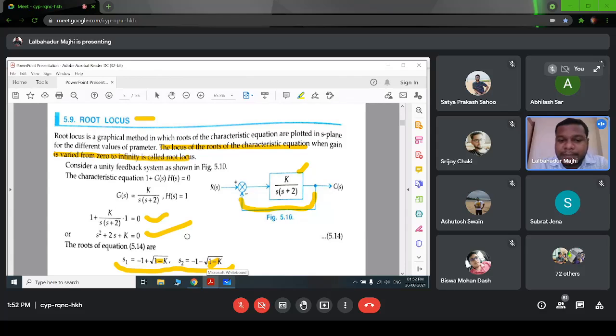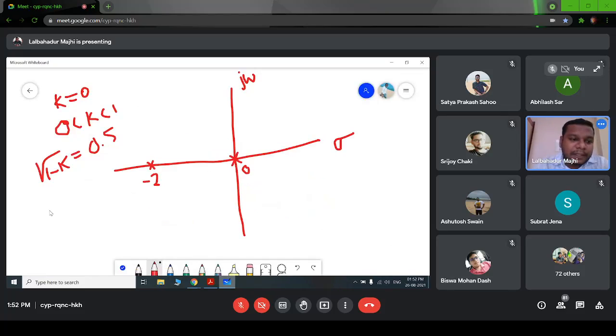As we go on increasing the value of k, now our two poles are minus 0.5 and minus 1.5. Minus 0.5 will be at this point, and minus 1.5 will be at this point.